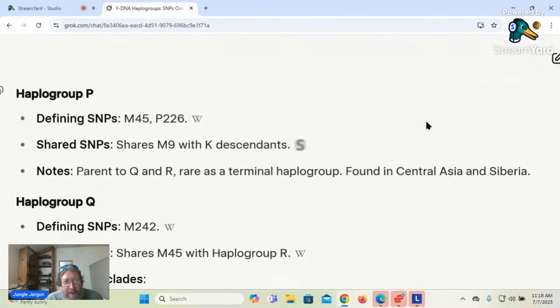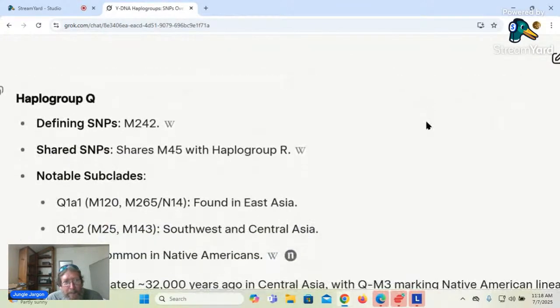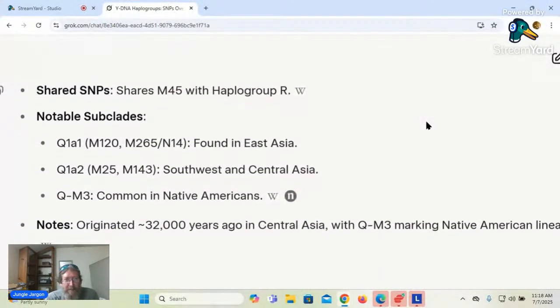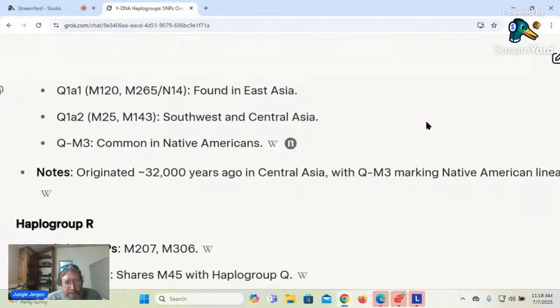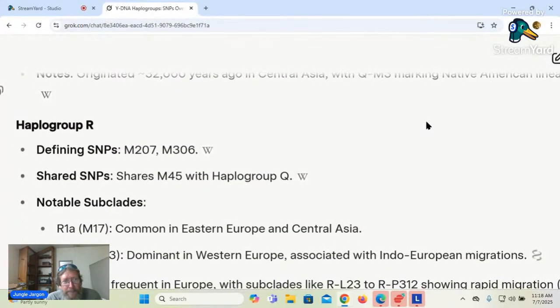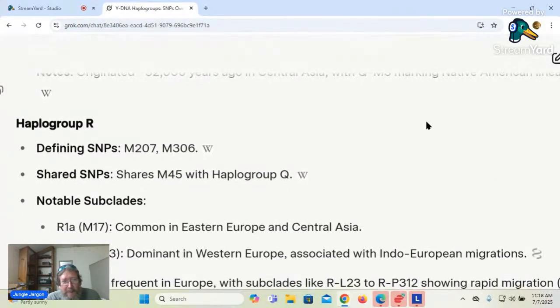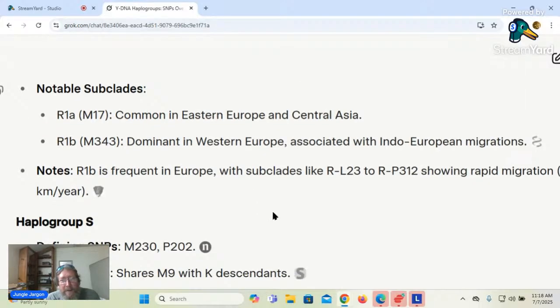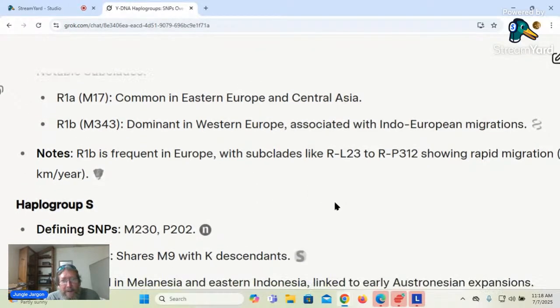The P is the Meshech haplogroup. Q is the Medes because it has a Semitic mitochondrial lineage that follows it wherever it goes. Haplogroup R is the sons of Gomer because R1A is Ashkenaz, R1B is Riphath, and R2, which is not listed here, is Togarmah in India.